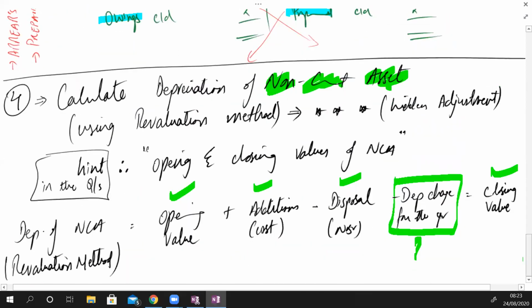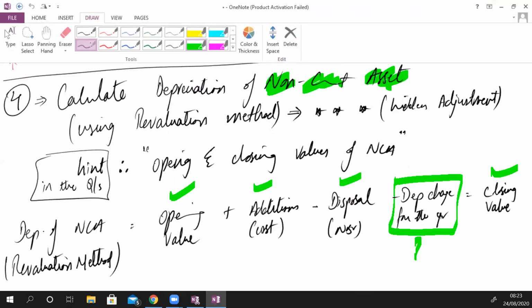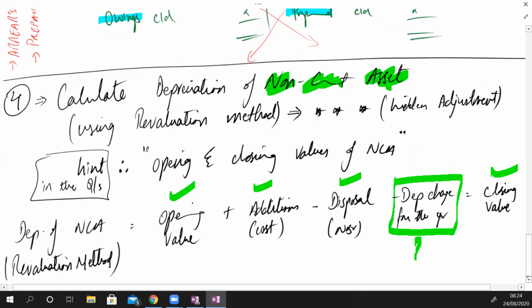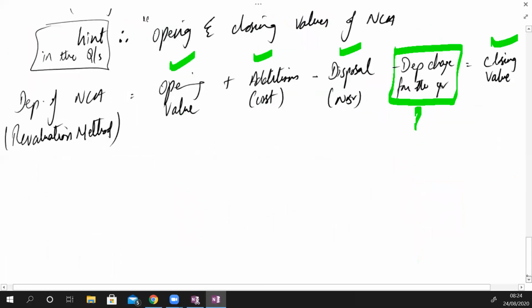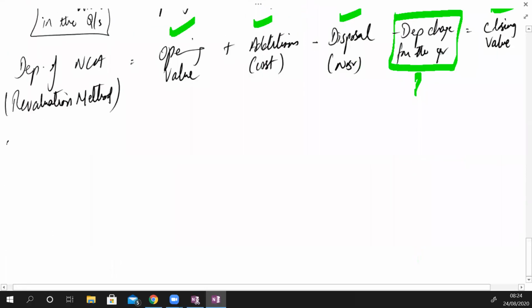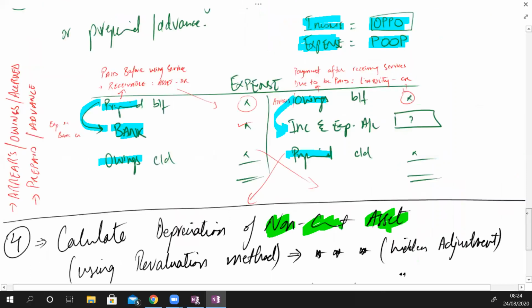So within the adjustments, we prepared subscription account, we prepared expenses account. इसके अलावा हमने depreciation calculate कर ली. ठीक है? Number 4, this was number 4.